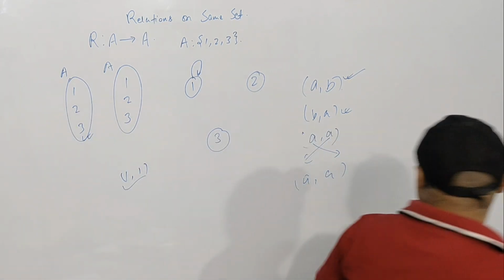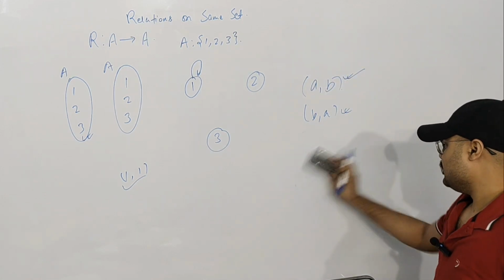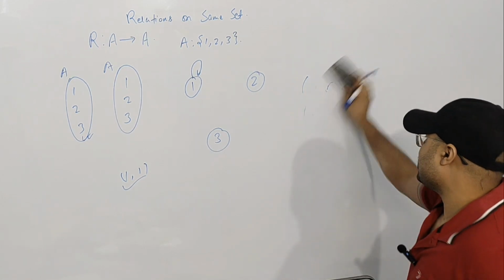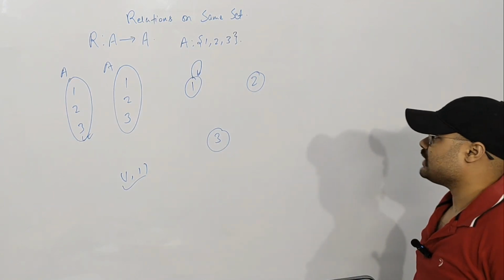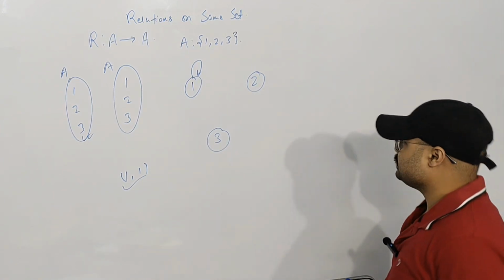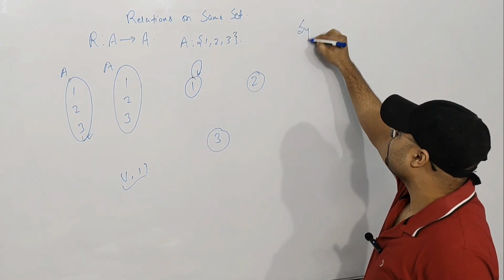Okay, so I will just define three types, and you will understand. I mean, you have understood because I am a fantastic explainer. So what is symmetric?